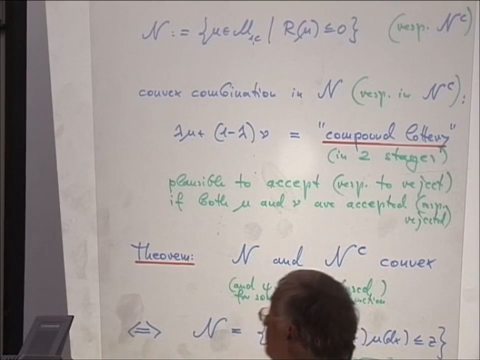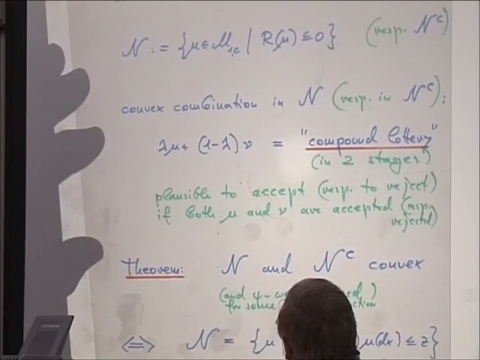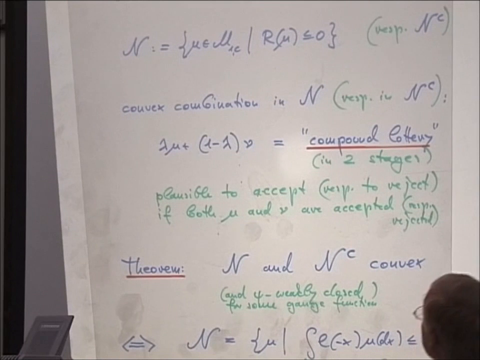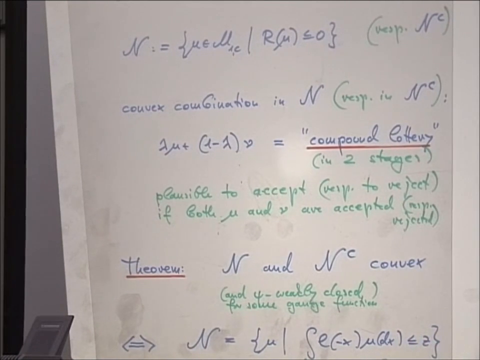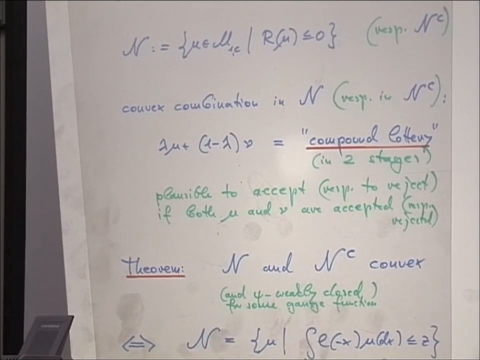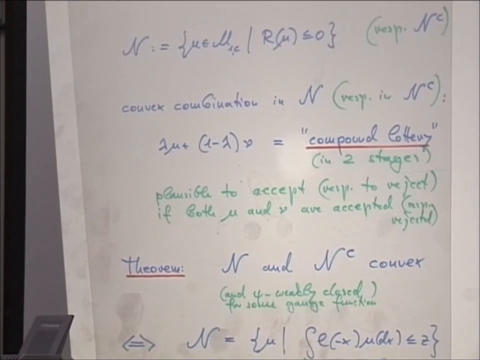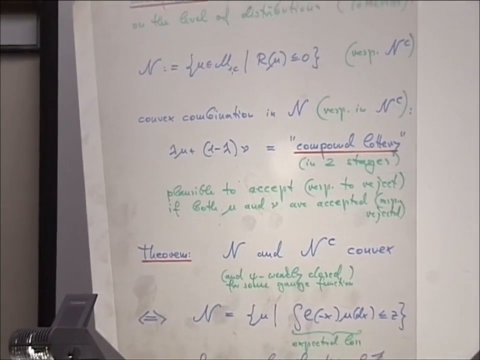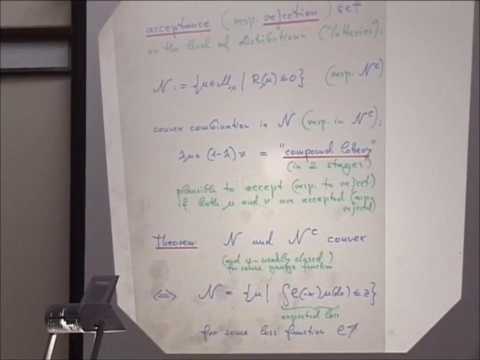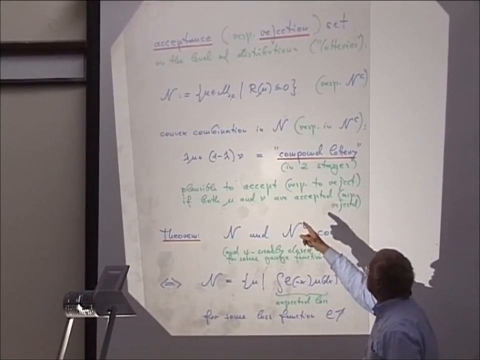and in particular we can define an acceptance or a rejection set on the level of distributions. So N is the acceptance set, where I don't need to add any cash to make it look good. Now here, if I take a convex combination, either in the acceptance set or the rejection set, how can I view that? A convex combination is such a thing.